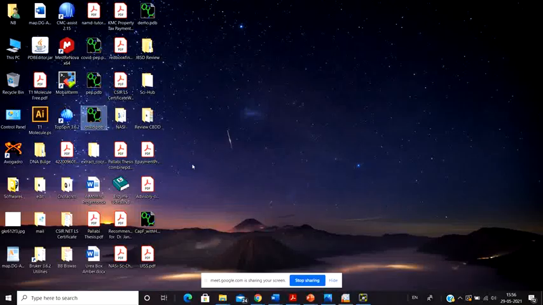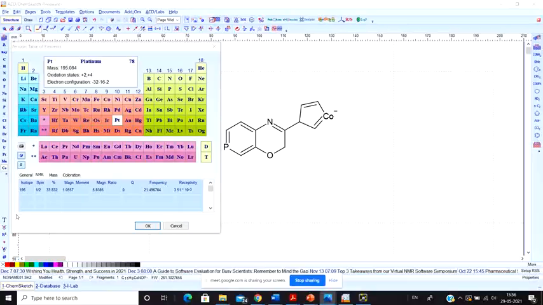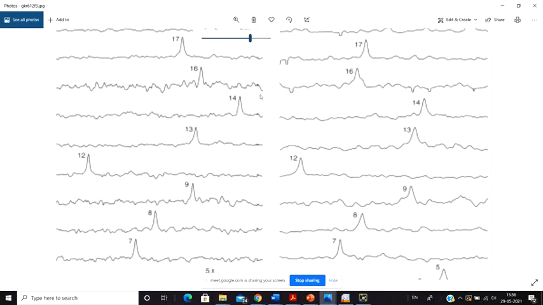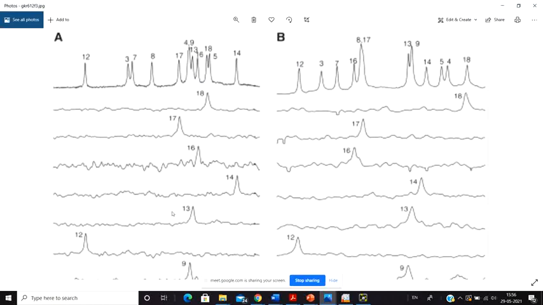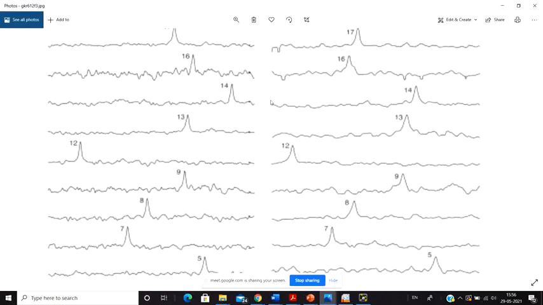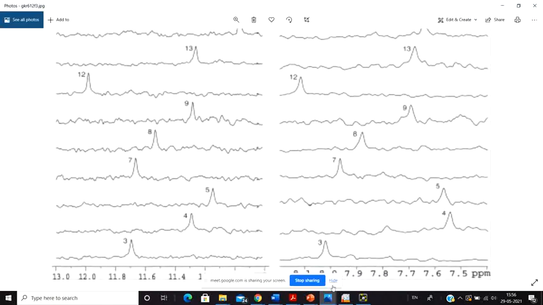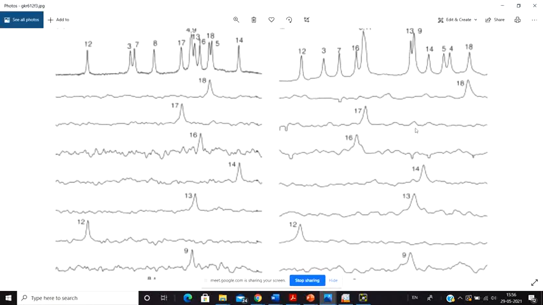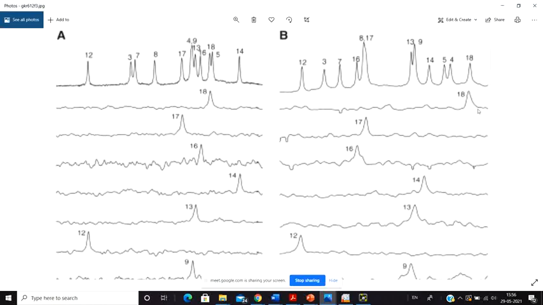For example, let me show you an example. So this is an NMR peak. Now this is an NMR peak of a particular G quadruplex structure. But see, this is the frequency, 7.5, 7.6. Now in case of this particular thing for which I have designed the structure, the peak at 18, this is the guanine, 18th position guanine.